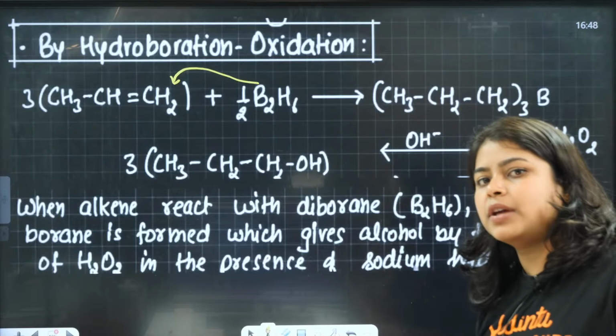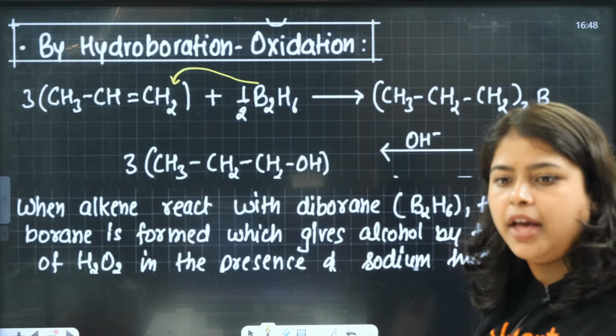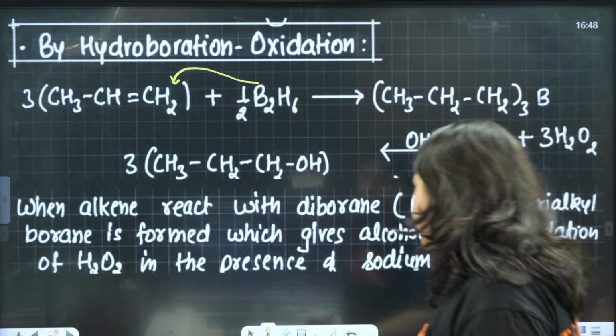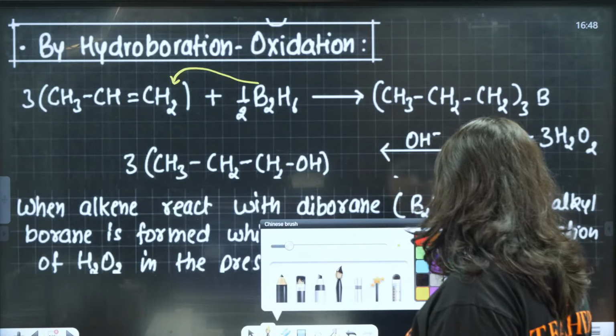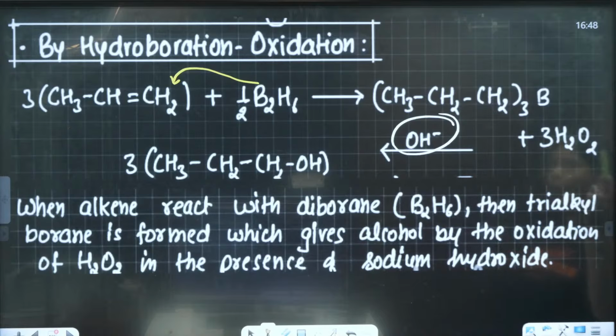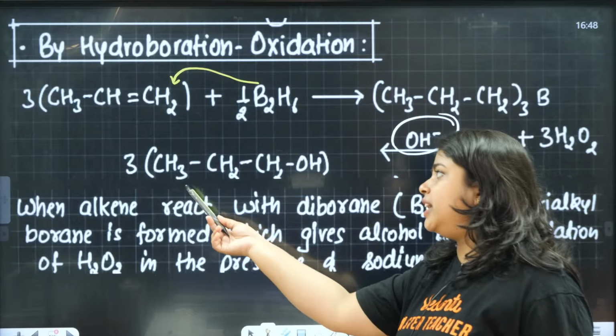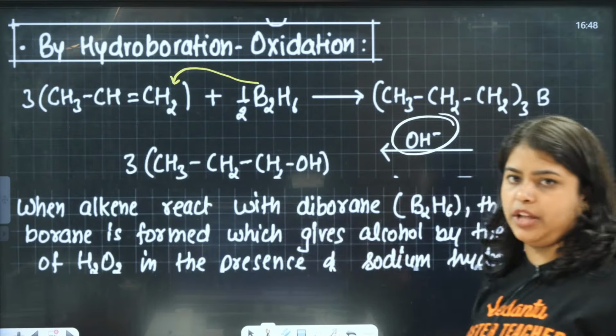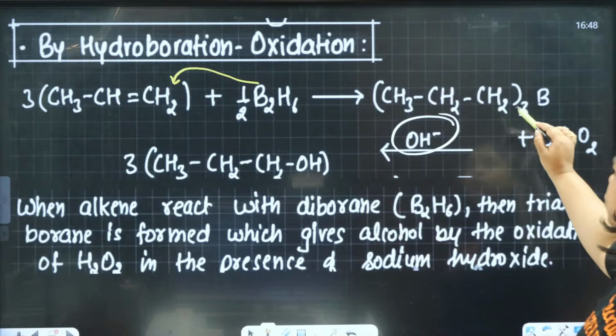Clear? Then afterwards, the OH minus is added. We do this with H2O2. As soon as H2O2 is added, we get CH3, CH2, CH2OH. Clear? From this we get it.